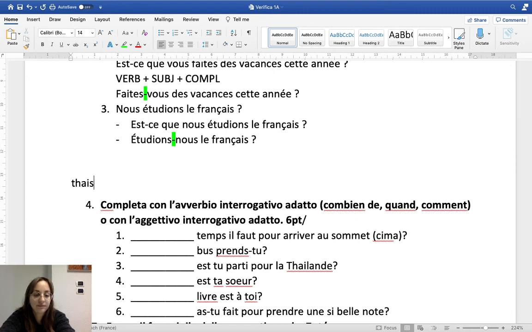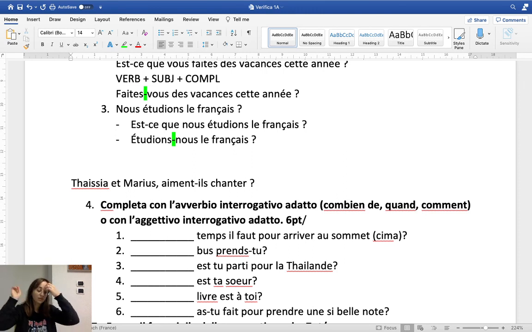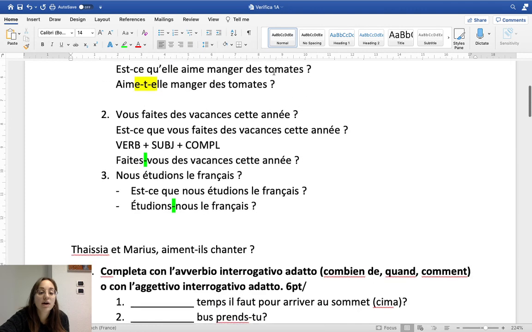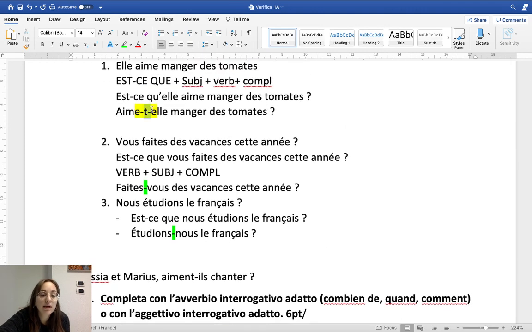Taïsia et Marius, aiment-ils chanter? Okay, so this exercise didn't add any T in the middle of two vowels, okay? It was easy. There were easy questions, just with the trait between the verb and the subject.